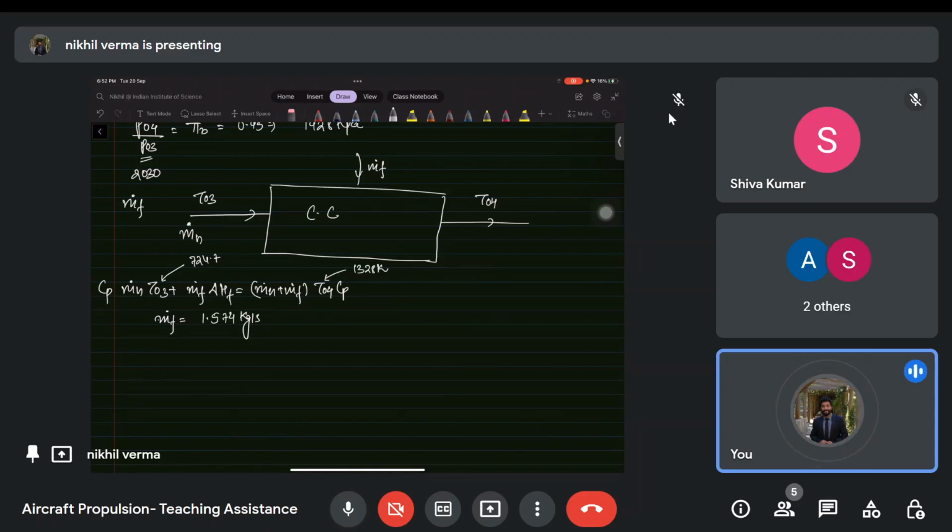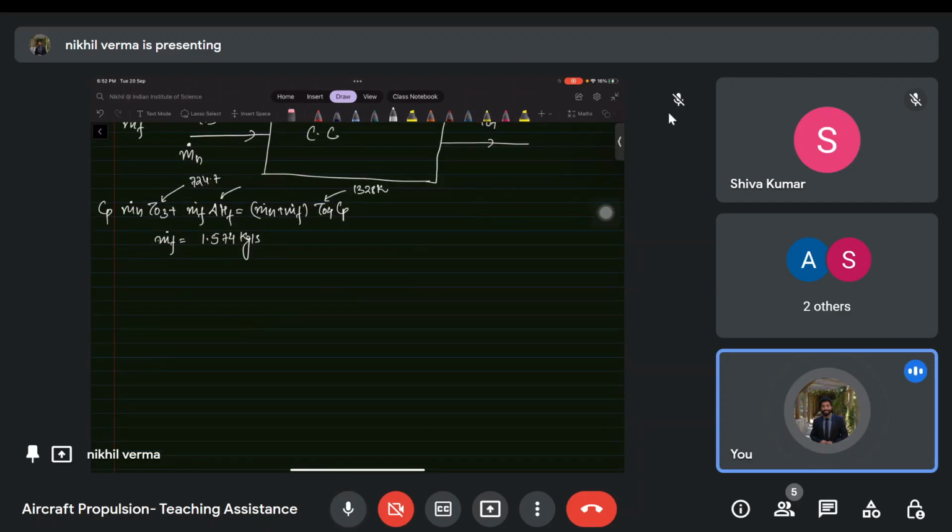Okay, and this is known, 41400 kilojoule per kg. If you substitute in this equation, the only unknown is m dot f, and you will get 1.574 kg per second of fuel. Okay.